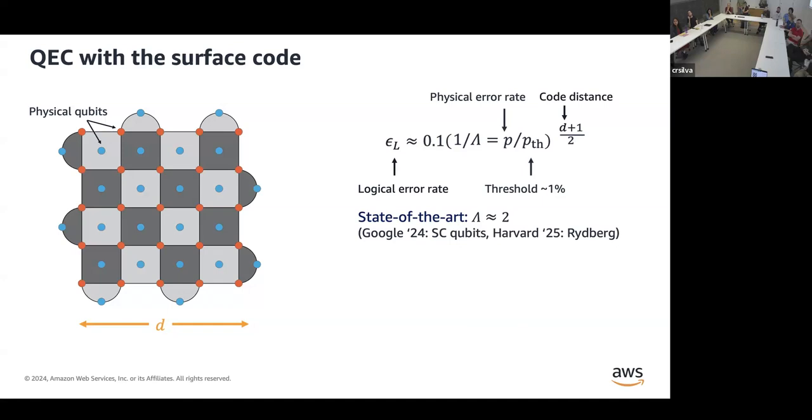Suppose that p is the physical error rate of all the gates and readouts and everything; they're all the same in the simplified error model. Then the logical error rate scales as the physical error rate divided by some constant that we call the threshold of the code, which is a property of the code. It's roughly 1% for the surface code. And this is exponentially decreasing with the distance of the code. So the bigger the distance, the smaller the logical error rate, and this drop-off is exponential in the distance, up to the exponent (d+1)/2.